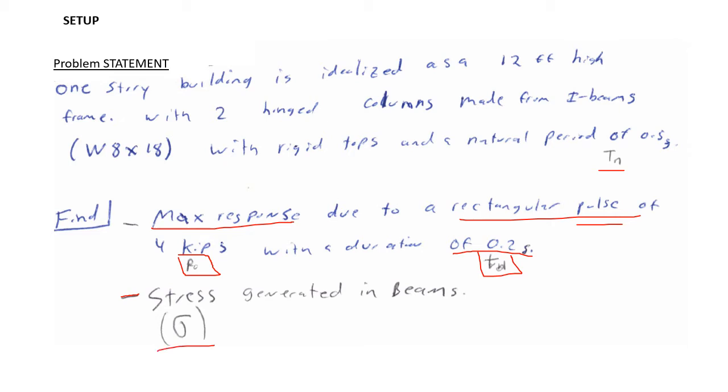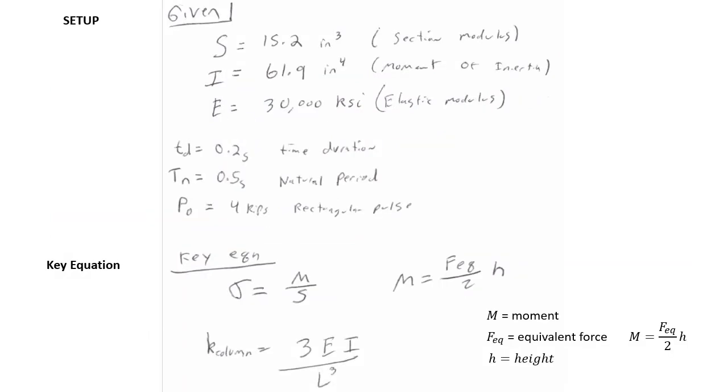So this is our setup page. We can reference back to our problem statement, what they've asked us to solve for, and a couple of the variables that we're going to use: Tn, Td, and our P naught. For my setup page, as we typically write it, I want to clearly write out everything that's given to me. Between the wording of the problem, the diagrams, and the given information below our diagram, we have that our section modulus is S equals 15.2 inches cubed.